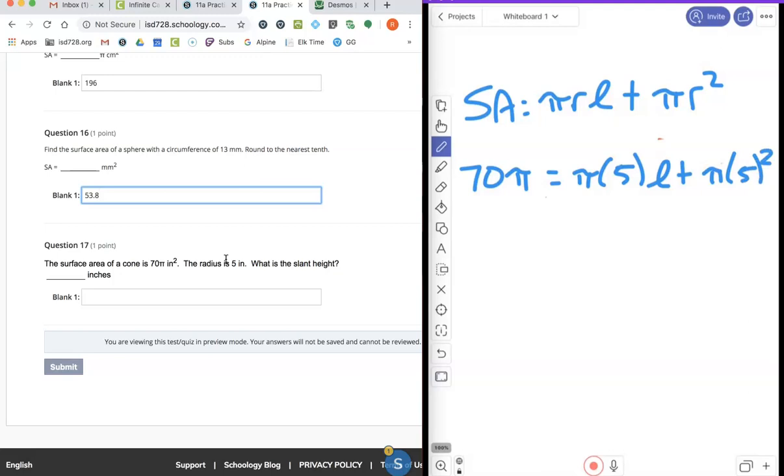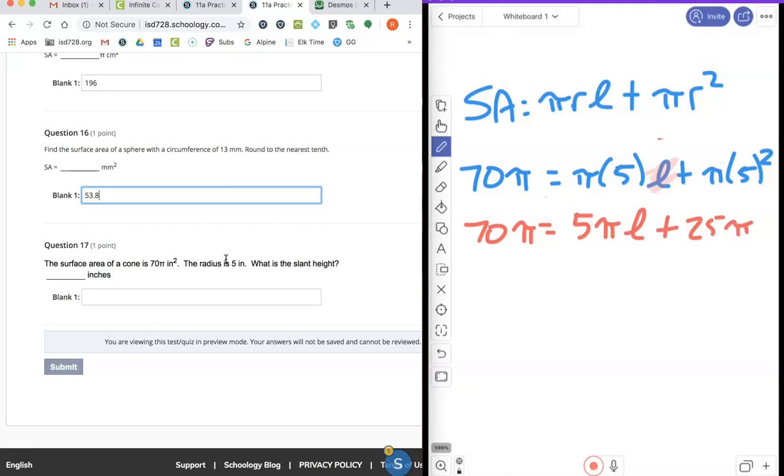So we're just going to use algebra and solve this for L. What we don't know is this L right here. We're going to go find it. So I'm going to first write this as 5 pi times L. And then 5 squared is 25, so I'm going to keep that as 25 pi.